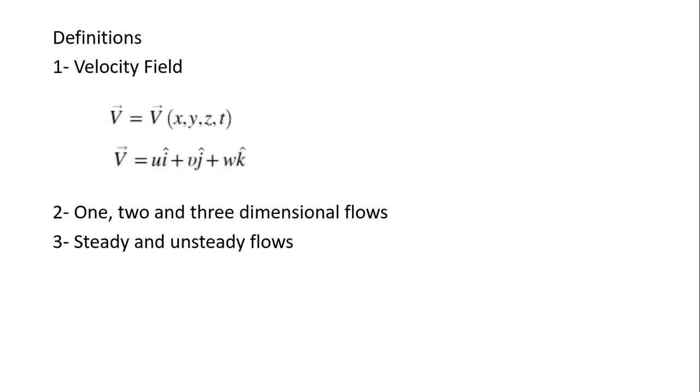For example, if I am considering the Cartesian coordinate system, the velocity will have a component in the x direction named u, a component in the y direction named v, a component in the z direction named w. And the components together form the velocity vector.